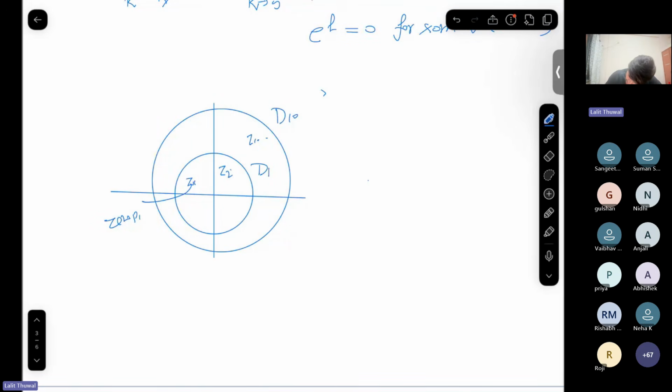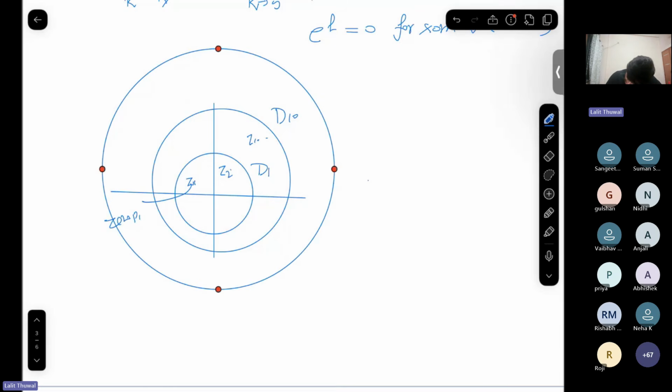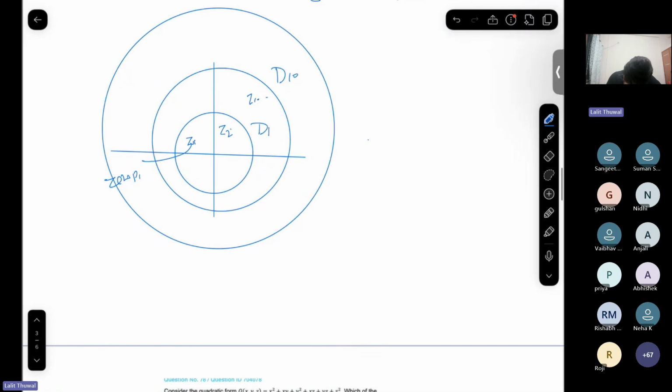In this way, every time you draw a disk and get some zero of a polynomial, you have a sequence z1, z2, which converges to infinity. Why? Because this sequence is not bounded.